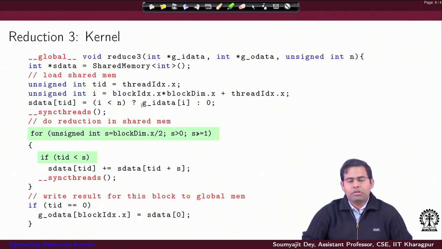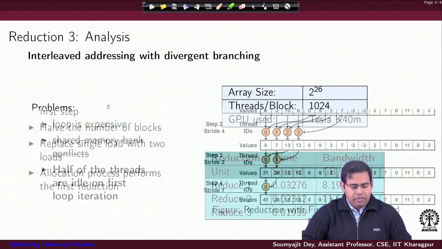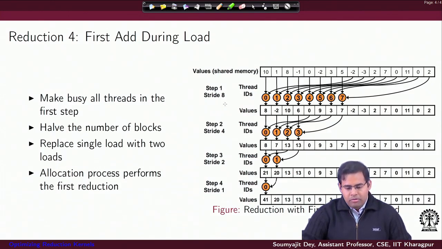All they do is load into shared memory, and after that half of the threads have no activity. Instead, what we suggest is to give each thread more work by making them do some more additions.